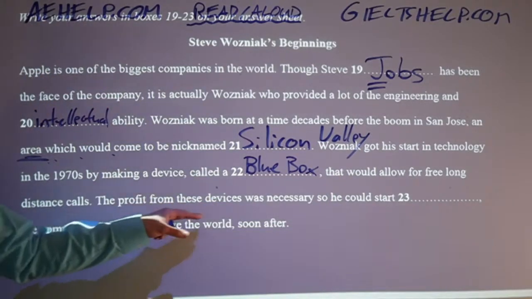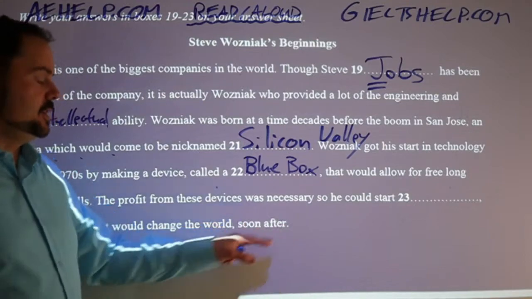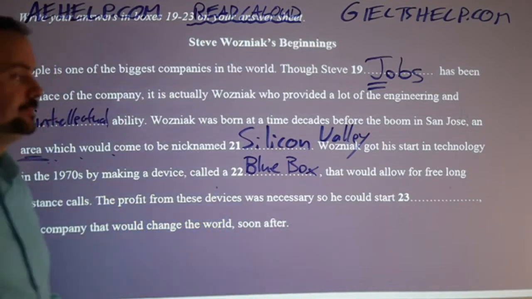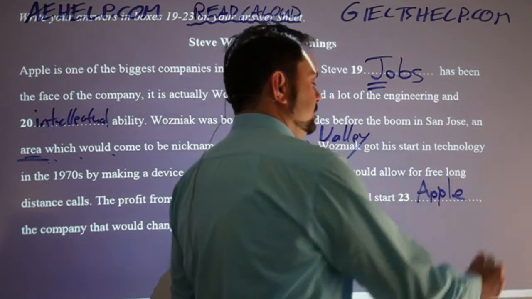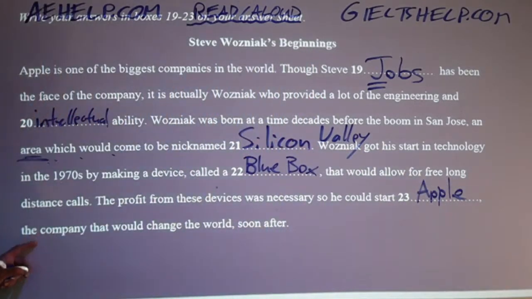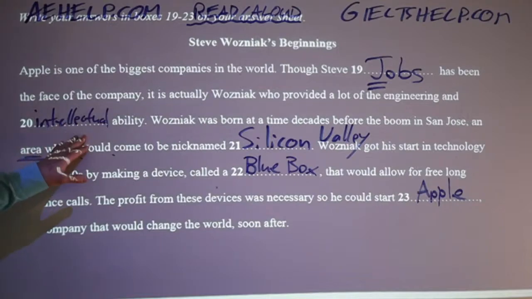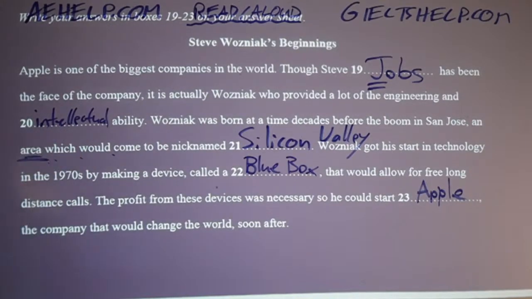The profit from these devices was necessary so he could start Apple, the company that would change the world soon after. Okay, those last couple were easy, and I can see that Bakrat, Paulo, Mahi are all getting those nice and fast. So those should not be tough. The tough one was this one here, I think. Okay, that was a little bit of a more challenging question.